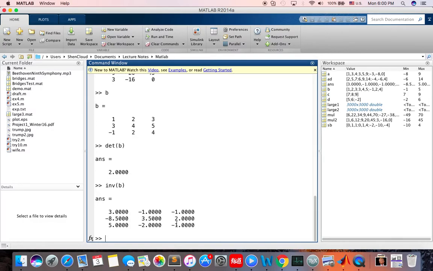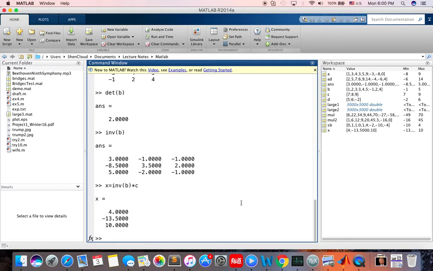If you want to solve linear systems, for example, you are supposed to solve Bx equals C. You can use x equals inverse of B times C here. So that linear system is solved.